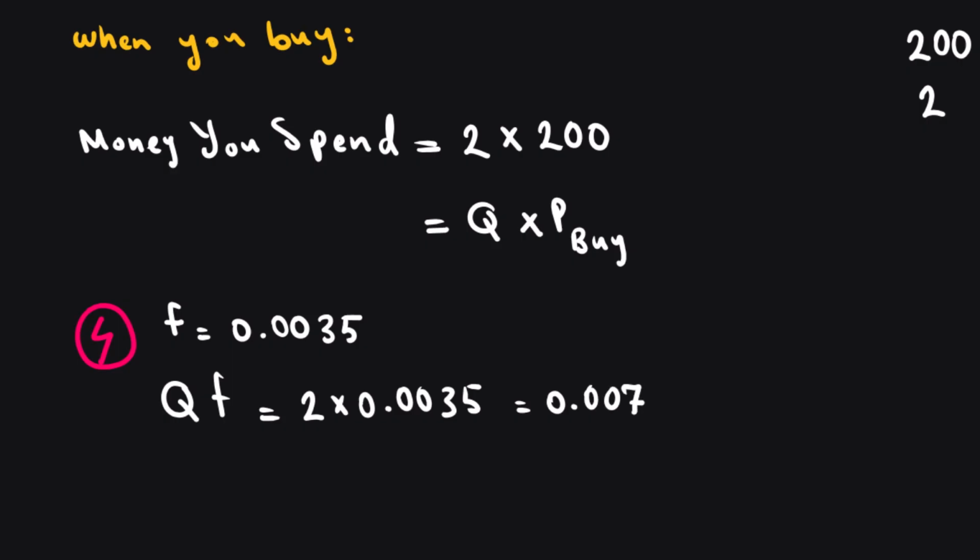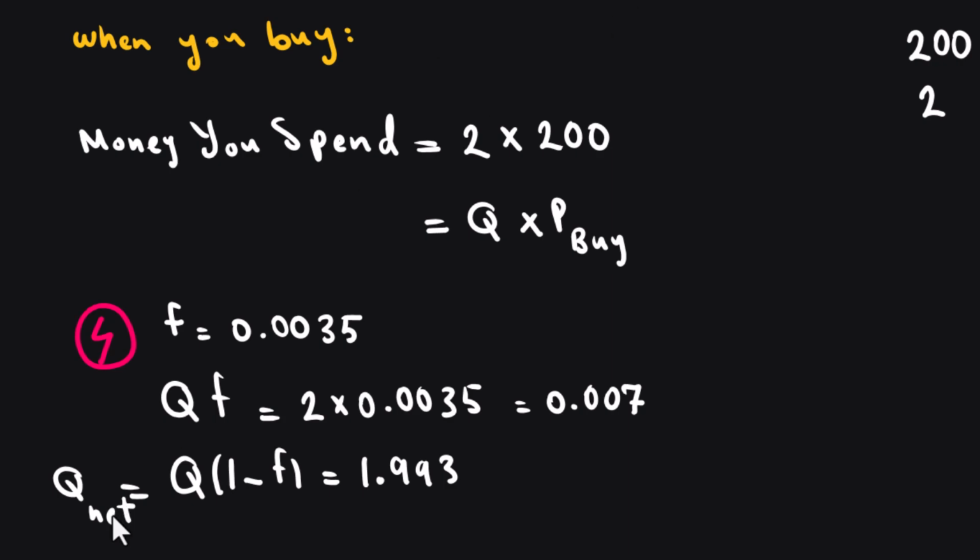So the amount of asset that goes into your wallet is Q times 1 minus F, which would be 1.993.